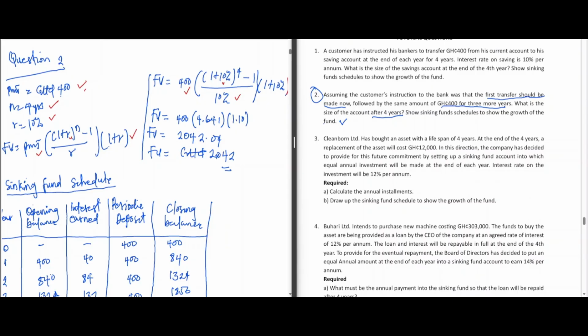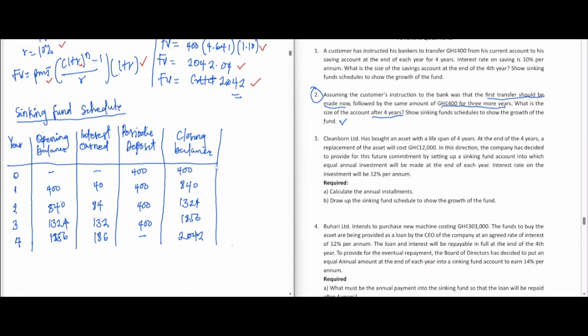Then times 1.10, right? So when you multiply 400 times 4.641 times 1.10, you get 2,042.04, which at the end of the day, your final future value will be 2,042 Ghana cedis.